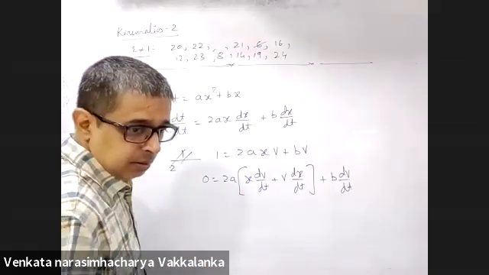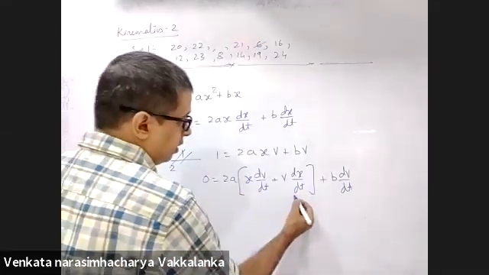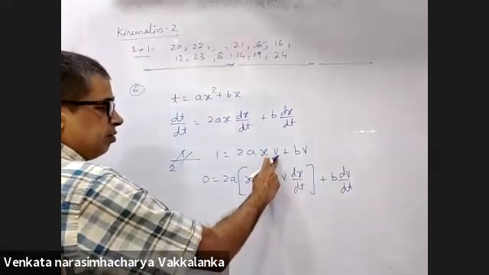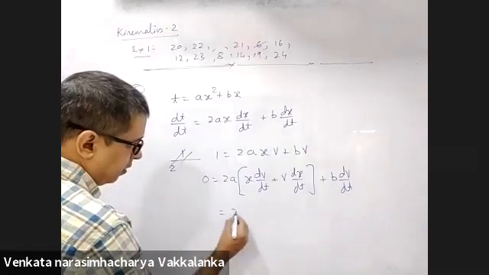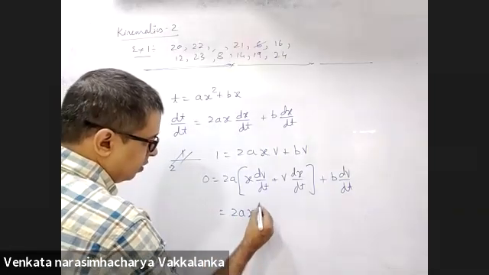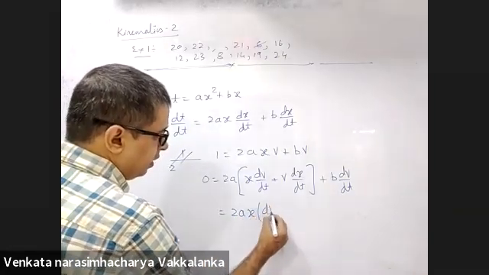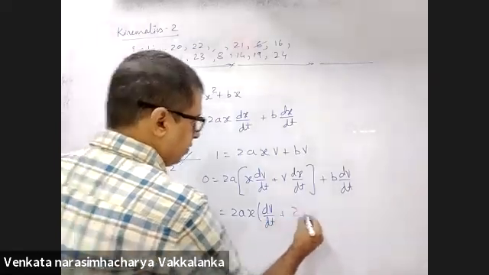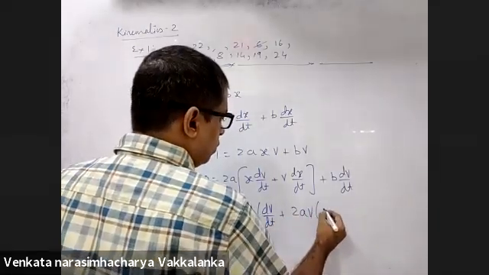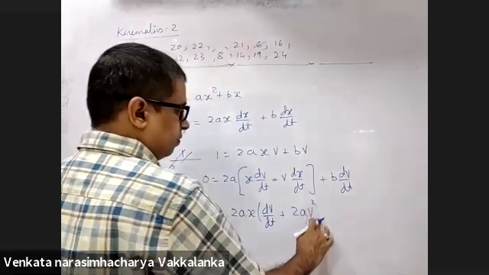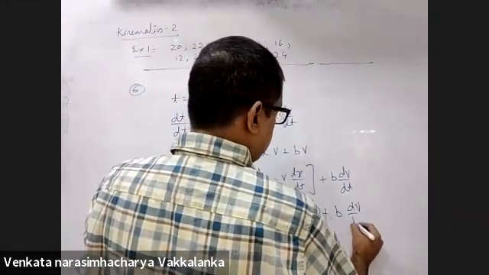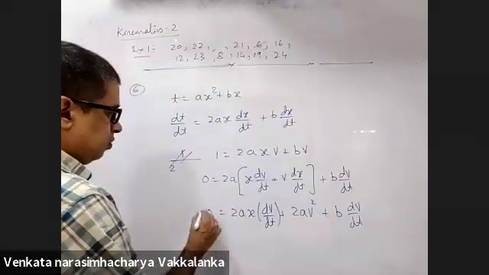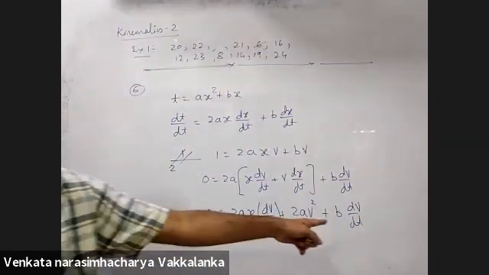Velocity. Where from will you get velocity? Velocity is 1 by (2ax plus b). So 2ax into dv by dt plus 2a v into v plus b into dv by dt. This is 0, right? Is my simplification correct?